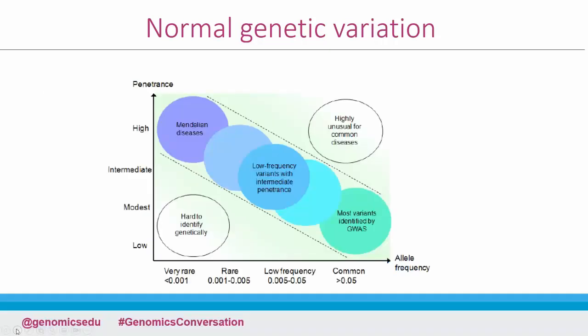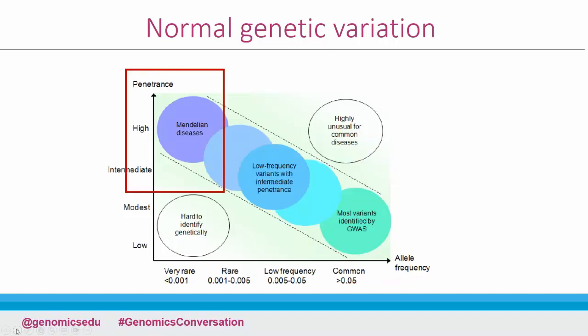And this is a graph that I like to use to show actually there's a continuum of these various different genomic variants that can happen from, at the right hand side, these very common variants that have a low penetrance, and this is really part of that normal genetic variation, and those variants that we think influence the acquisition of disease. And these variants are mostly picked up through genome-wide association studies.